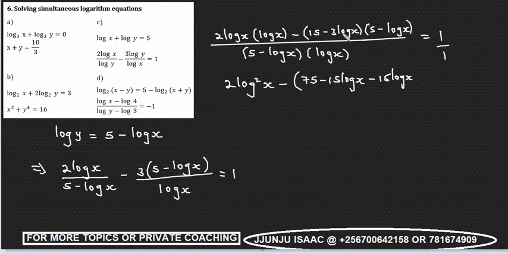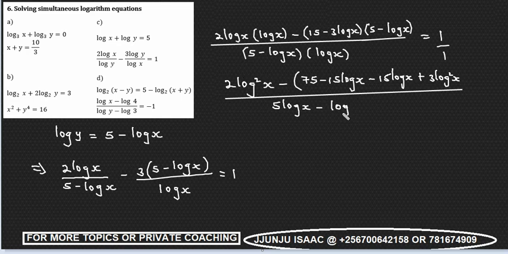And now negative 3 log x times negative log x, we shall get a plus 3 log squared x over, let's first multiply this, this is going to be 5 log x, then minus log squared x equal to 1.